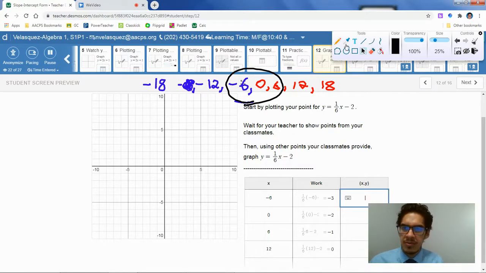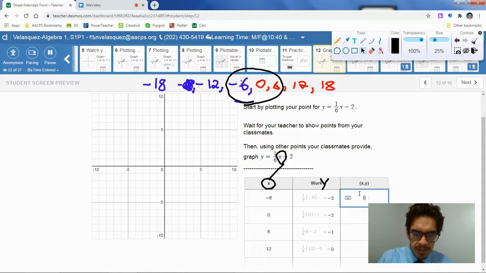So now all I got to do is look at the numbers I got. These are all my y values, because when I plug in x into my function, I'm going to get these y values. Okay? So I have -6, -3. I have 0, -2. I have 6, -1. And I have 12, 0.